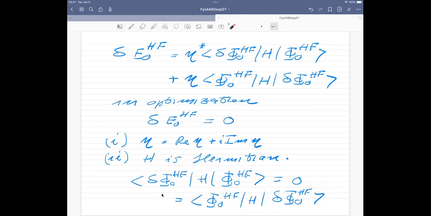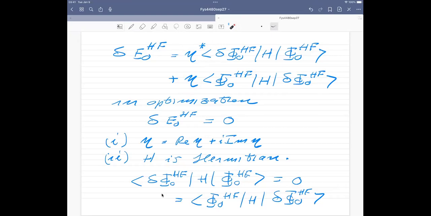Sorry, one more time. You're saying that eta is... Eta is a parameter. That is your change in the wave function. Yeah. So when you optimize here, you can either optimize with respect to that one, or you can optimize with respect to this one.